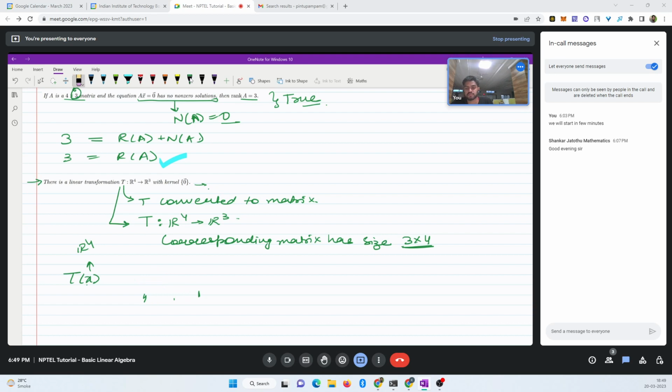Now we are given over here that this transformation or matrix A has size 3 cross 4 and its kernel is 0. Is it possible or not? It is asking. Now, as the matrix is 3 cross 4, right?